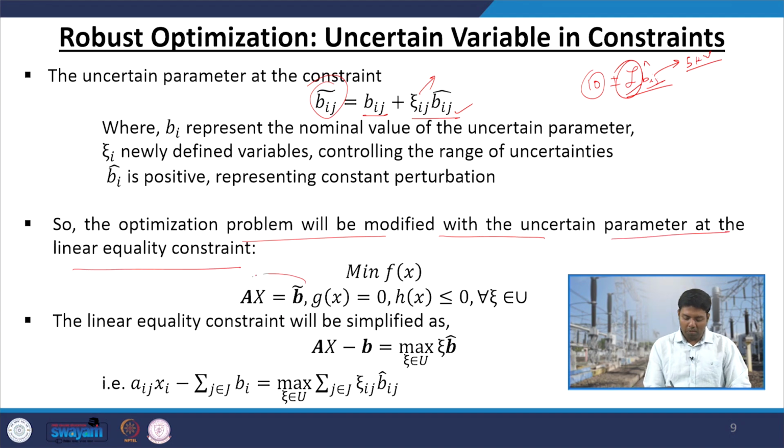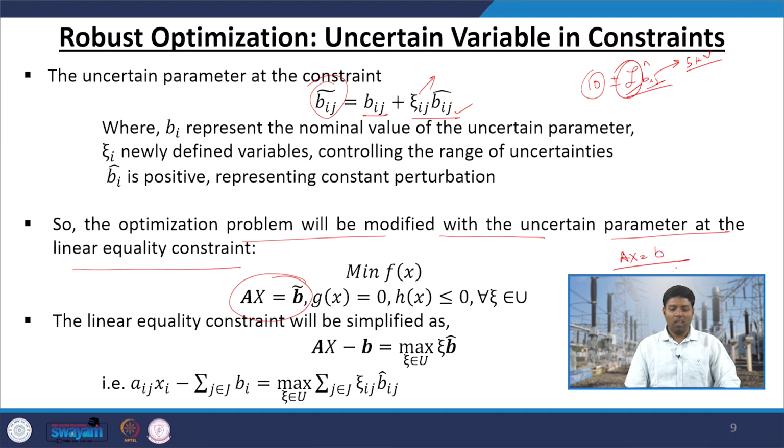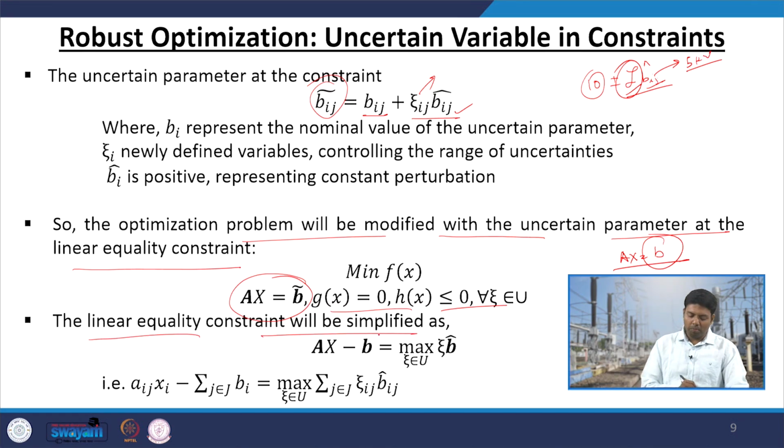Previously it was A x equals b. Now, with this uncertainty, it has become A x equals b prime, or b tilde. Other things will remain constant. So, the linear equality constraint will be simplified, where now this b is equal to your actual nominal value plus your perturbation.